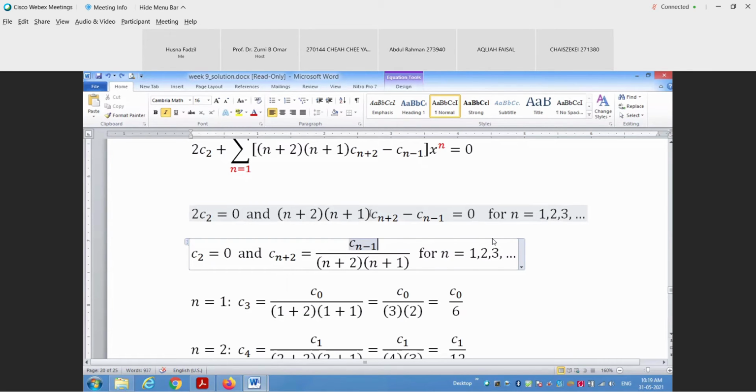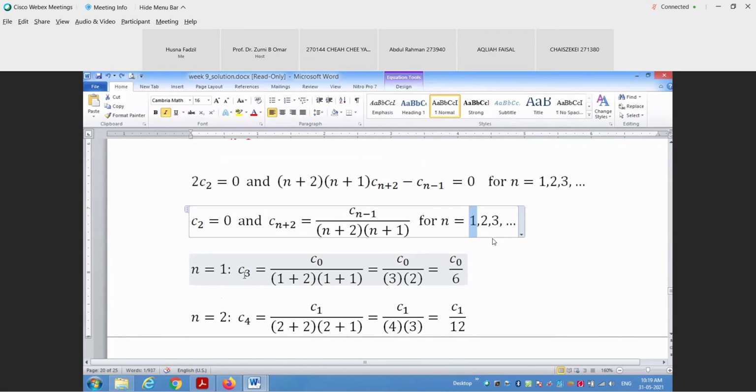And then n plus 2 times n plus 1, we bring to the right-hand side. This one is multiplication, now becomes division. So C_{n-1} divided by (n plus 2)(n plus 1) for n equal to 1. n starts with 1, and that's why here we start when n equal to 1.